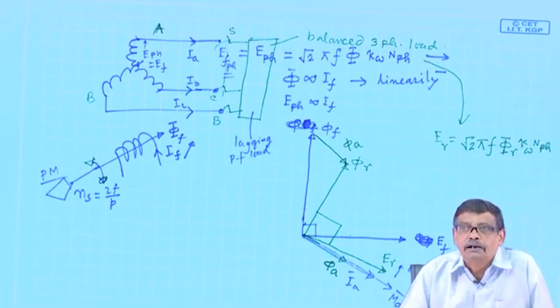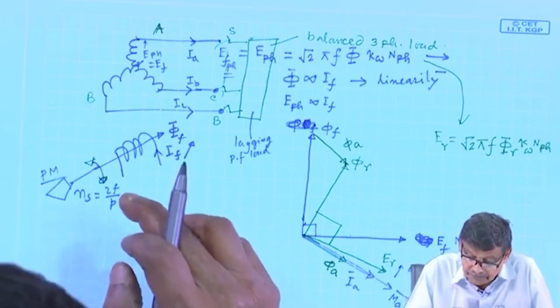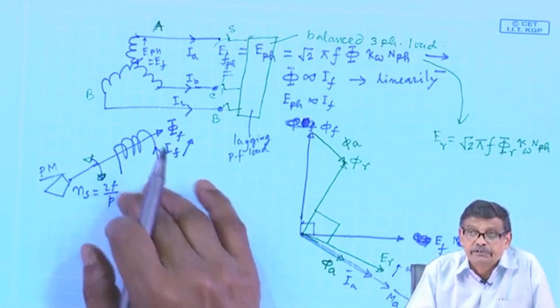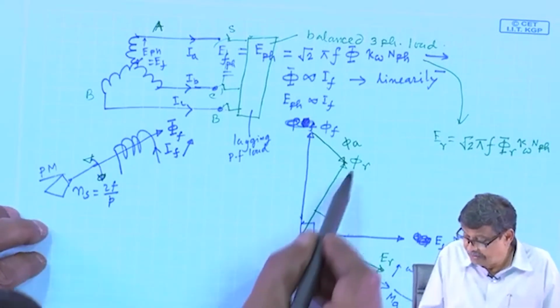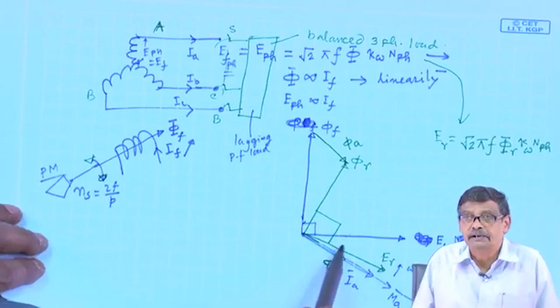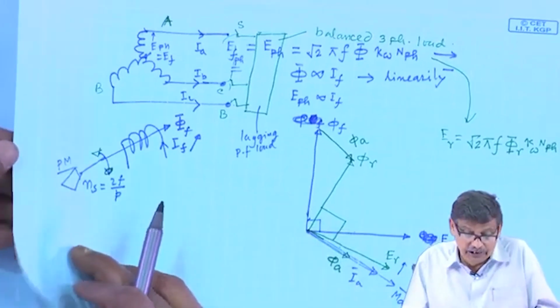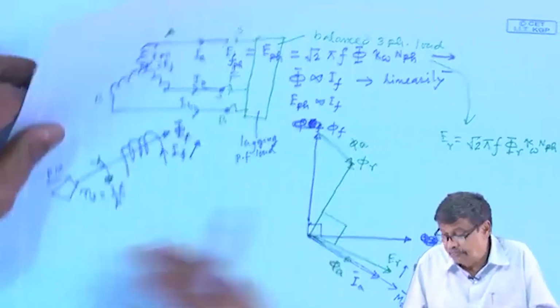This must be understood. Because of what? Because of separate excitation of the field flux. Therefore, this is the picture we must understand. Then the most important concept I have to introduce in the next paper.